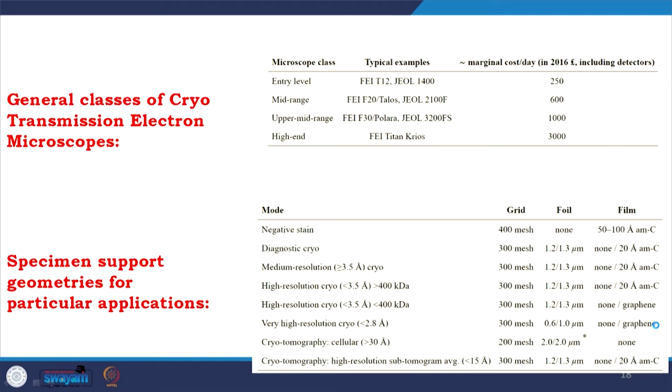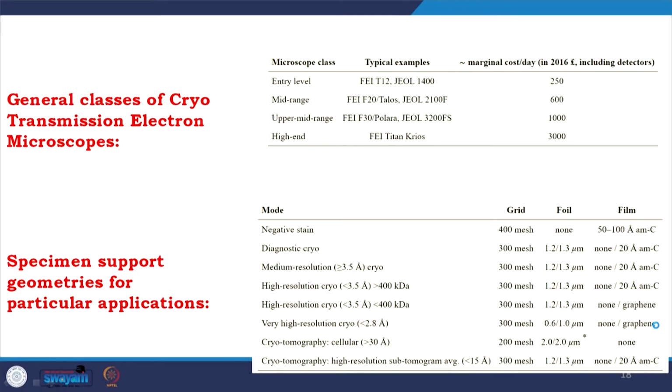So, for the entry level, because you have to consider the cost also. In the mid range, FEI F20, Talos, JEOL 2100F, the cost per day is €600. Upper mid range, the cost is €1000 per day, and for high end FEI Titan Krios, for what we are going to talk about in the next protocol, €3000 per day.